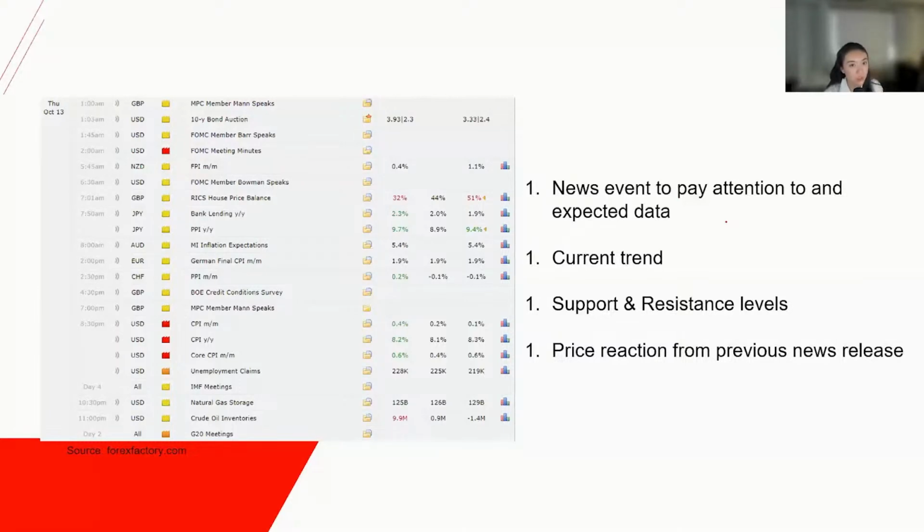You need to pay attention to the expected data. Always pay attention to the current trend, okay? And always pay attention to support and resistance lines. The price is going to react after the previous news release, so you need to take it as a reference.